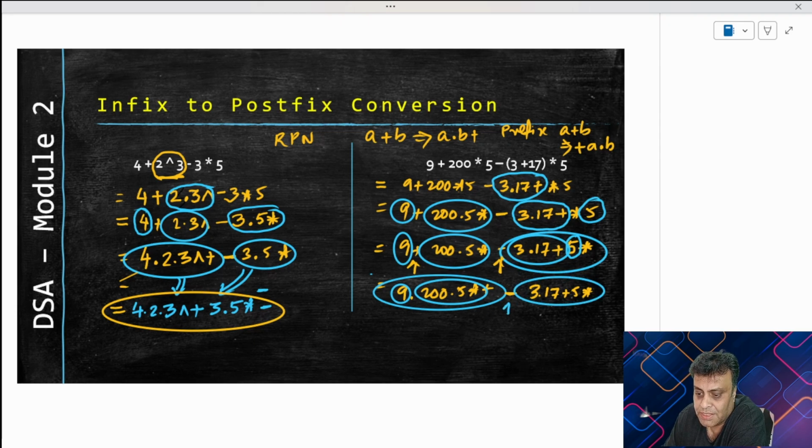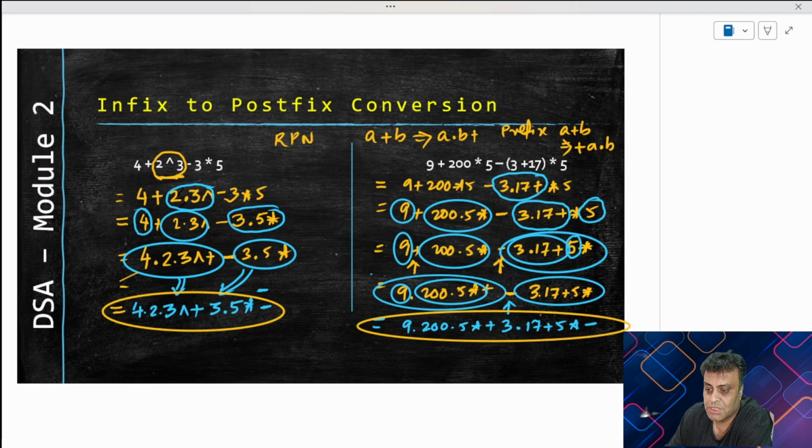So now we have to apply this minus, and the final step of applying this minus we are trying to do now. So what we will do is, we'll take all the numbers as is in between the boxes, 205 star plus, and this minus we will apply to the end of the numbers. So we will bring 3.17 plus 5 star, and then we'll put a minus, right? So this minus comes here, and this is our final expression. This is the final expression which is in the postfix notation, which we have solved just now, right?